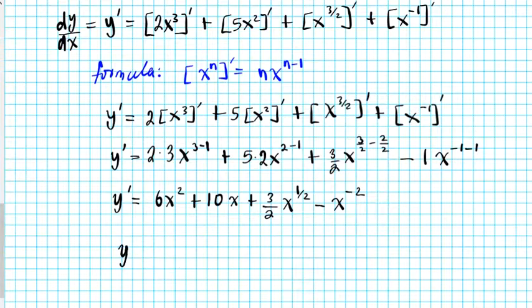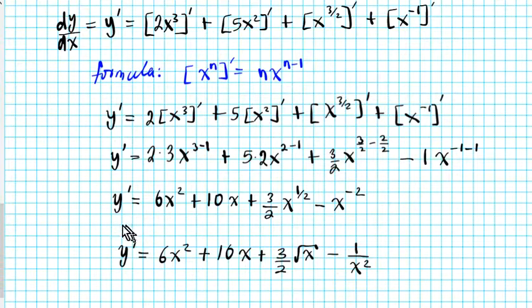We're going to have y prime equals 6x squared plus 10x plus 3 over 2. If you write x to the 1/2 as a fraction, it is root x. And then minus, if you reciprocate that, using the reciprocal property, negative x to the negative 2 is 1 over x squared.